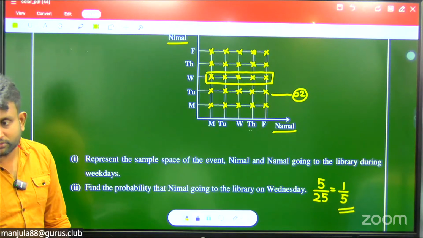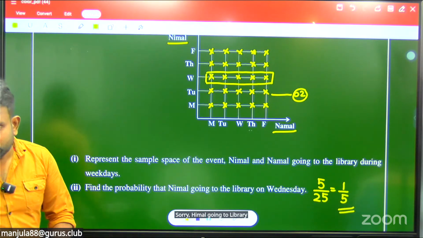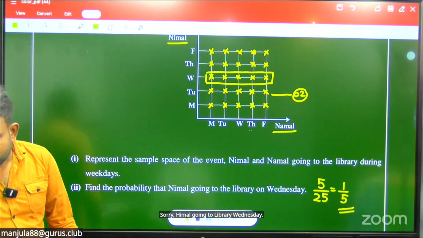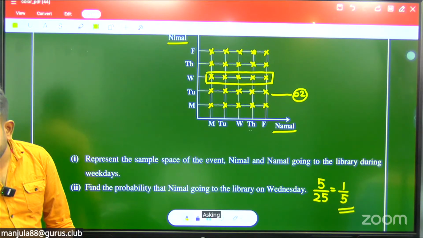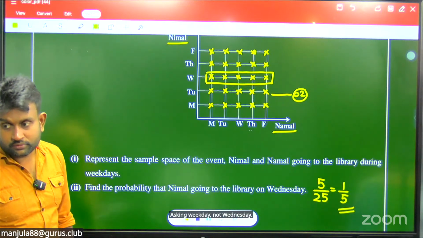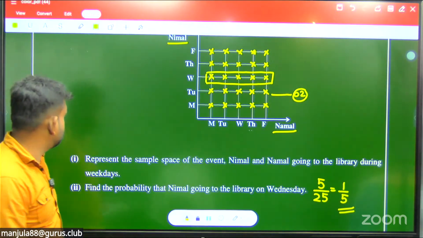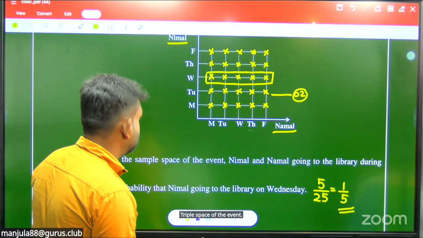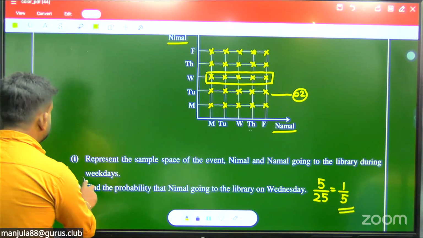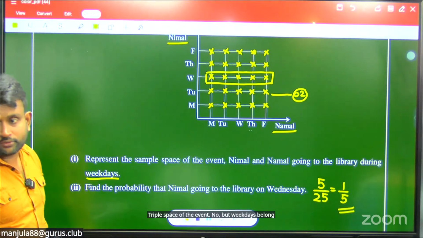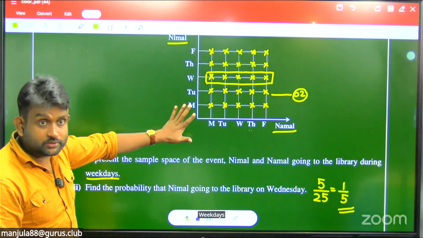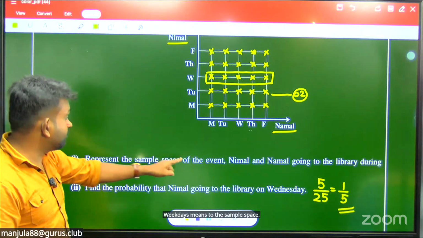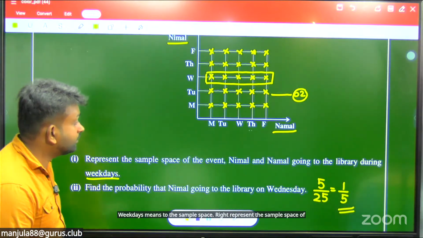Sorry, Nimal going to the library on Wednesday. Someone asks about weekday, not Wednesday. Represent the sample space of the event of Nimal and Namal going to the library during the weekdays.